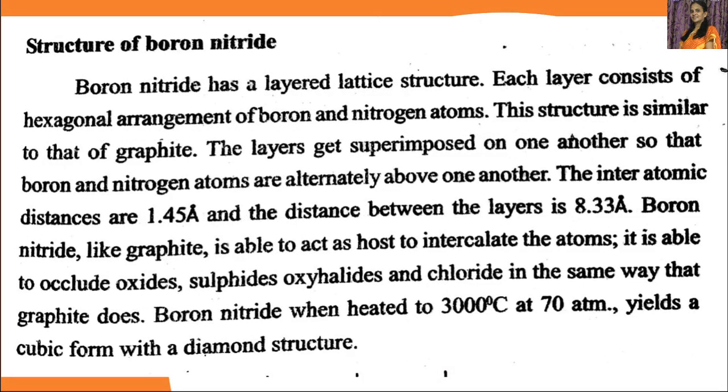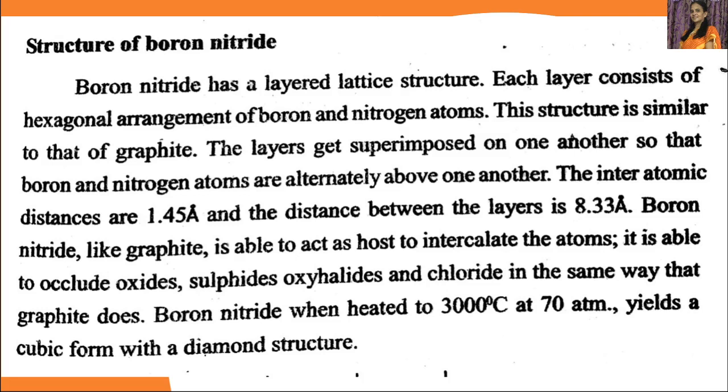About the structure of boron nitride. Boron nitride has a layered lattice structure, similar to that of graphite. Each layer consists of a hexagonal arrangement of boron and nitrogen atoms. In graphite, all six are carbon atoms. The layers are superimposed on one another so that boron and nitrogen atoms are alternately above one another.